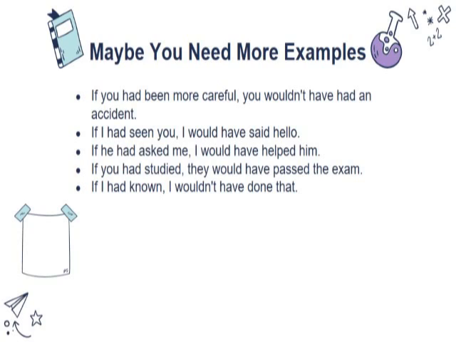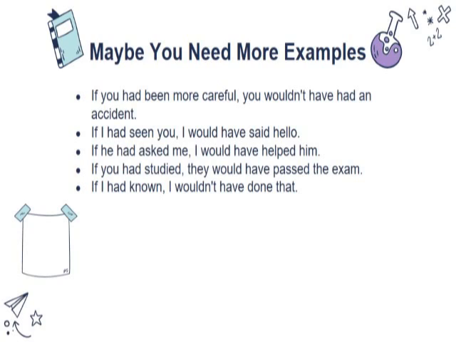If I had seen you, I would have said hello. Means that you didn't see. If he had asked me, I would have helped him. If you had studied, they would have passed the exam. And if I had known, I wouldn't have done that.